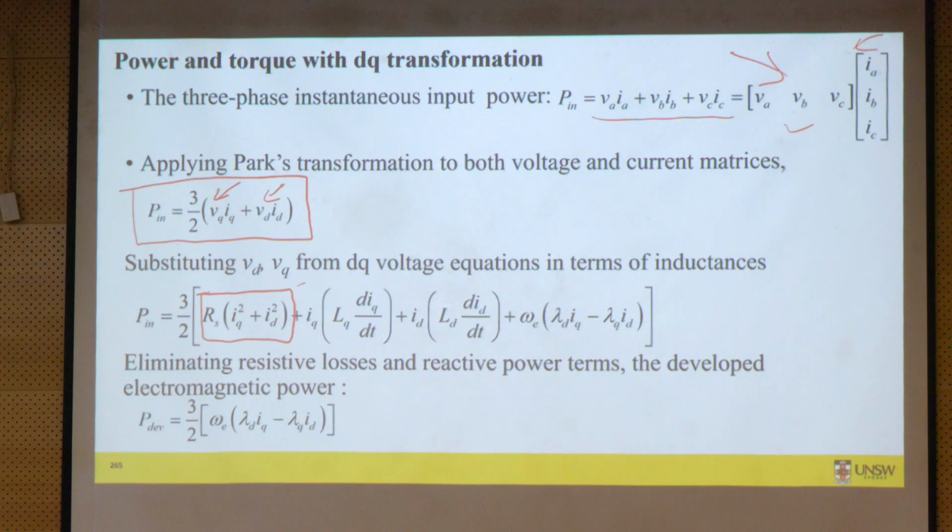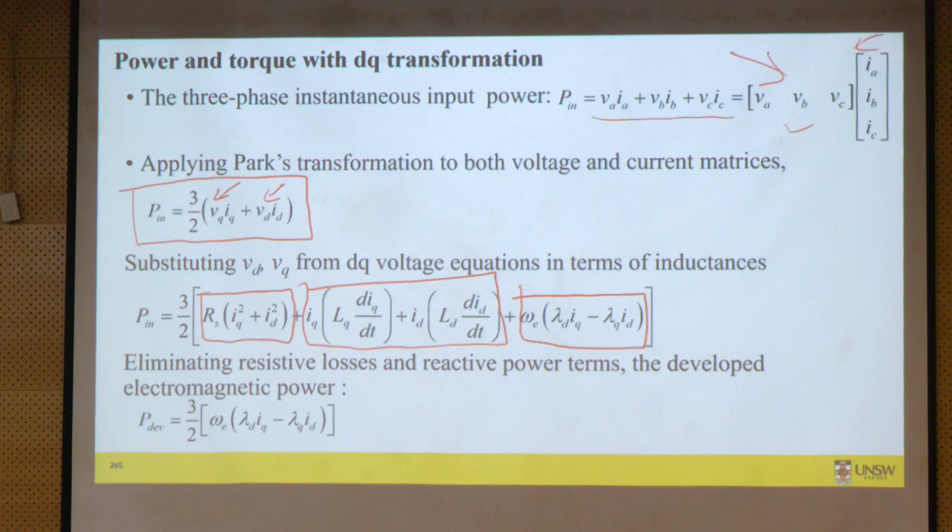Second term is distinctly related only to the inductances, right? LD and LQ. So this power is actually your reactive power in the machine. Okay, this is the reactive power. Third term is actually the real power. Okay, and this real power is converted to mechanical torque.